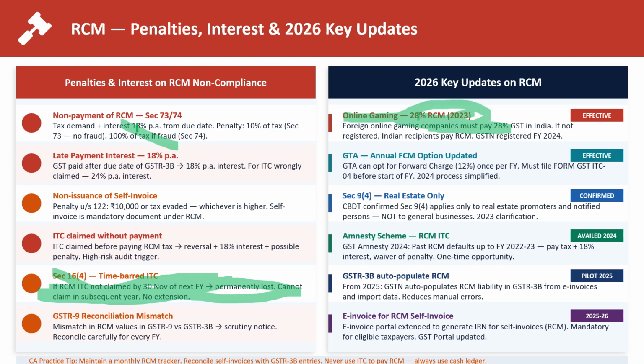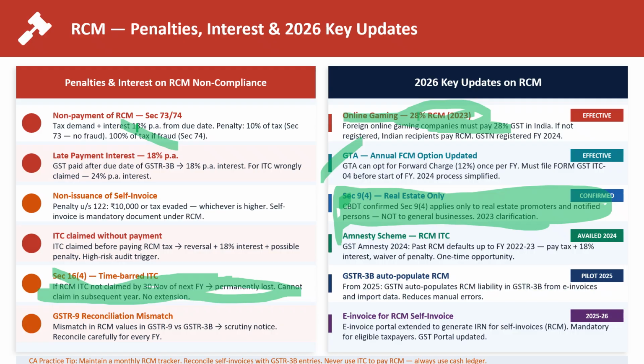And for GTA also, the annual forward charge mechanism has been introduced. And for real estate, I already informed you that in the real estate business, irrespective of the service, if you get any goods or services from an unregistered person, you need to pay GST under RCM.